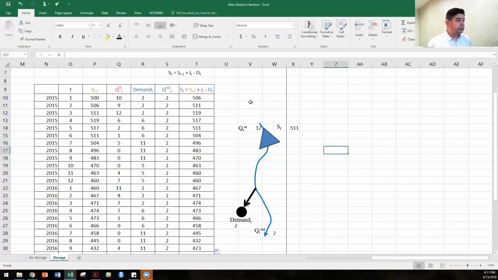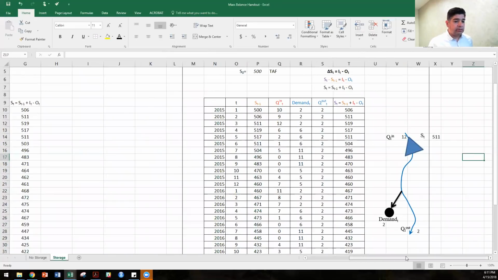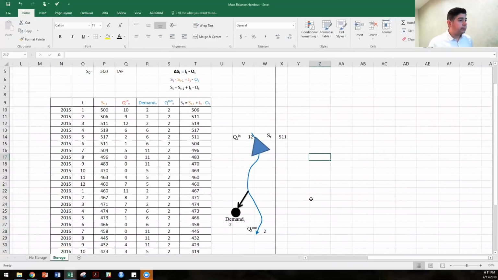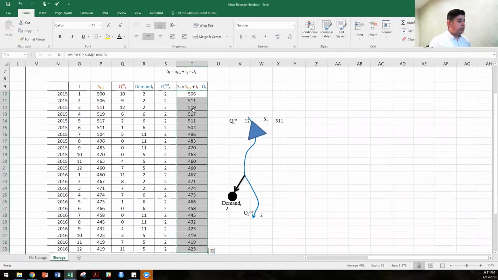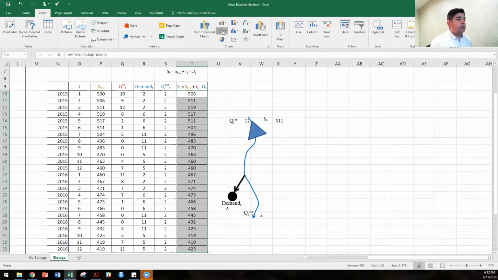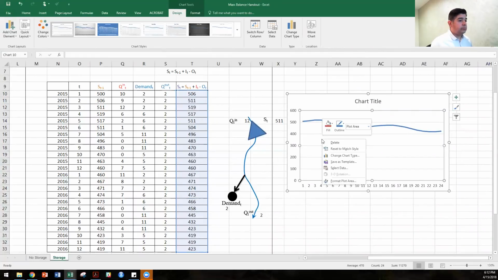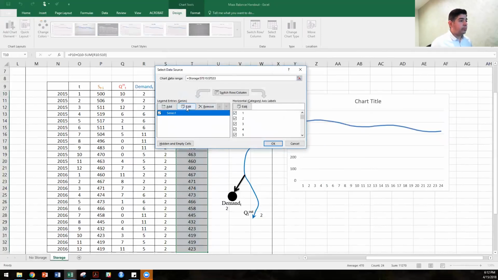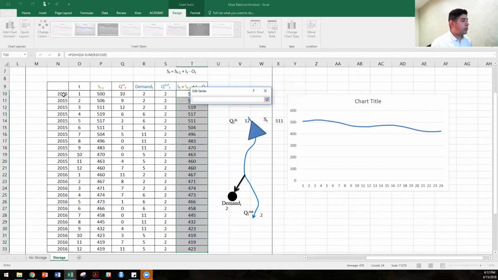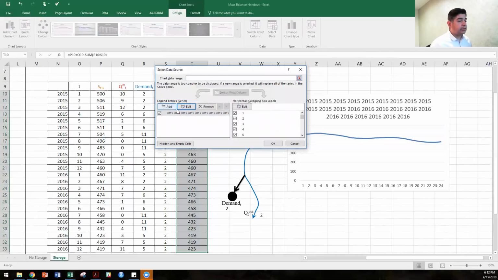Let's take a look at some of these here. Let's plot the storage that we have here.